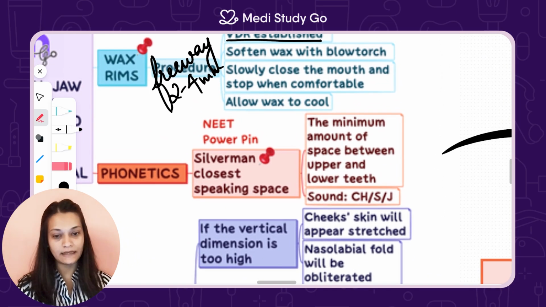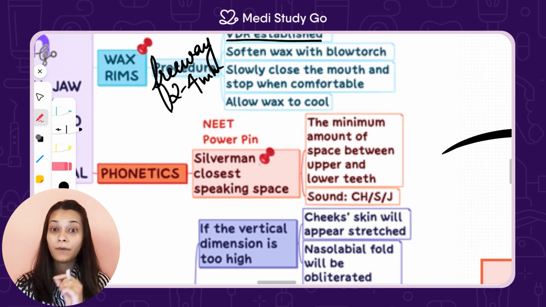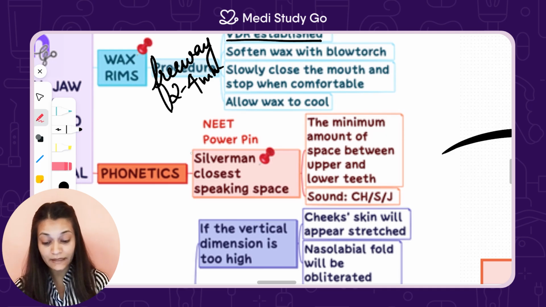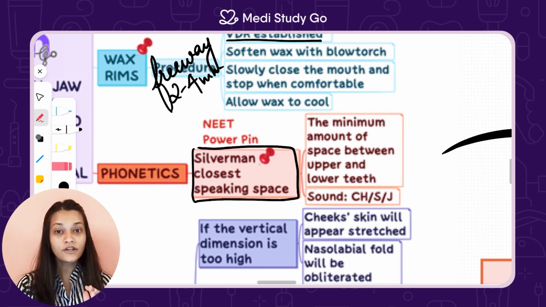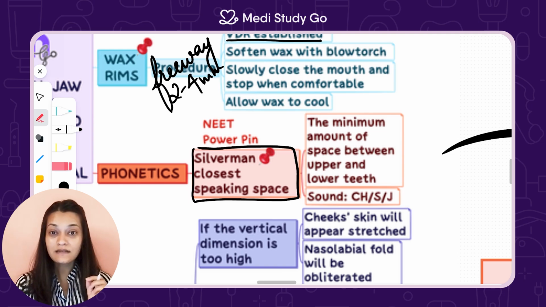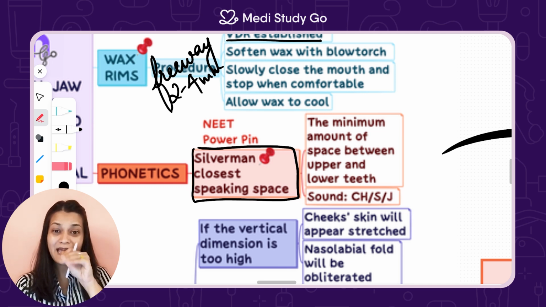Talking about the phonetics now. Now what I want is not at rest, okay? Not per se. But now I'll be recording Silverman's closest speaking space. According to him, when I pronounce words like ch, sir, j, there is a minimal amount of space between your upper and lower teeth. There is air that just brushes.